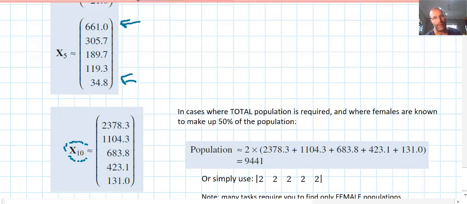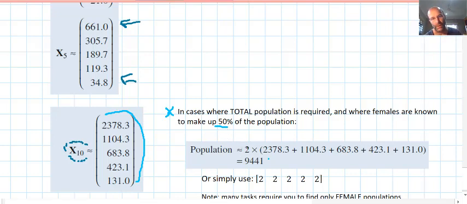Just a little note here, in cases where the total population is required and where females are known to make up 50% of the population, we times all of those results, like this one here for example, by 2, and then add them together. And for x sub 10 we would get 9,441 females times 2 give you total.